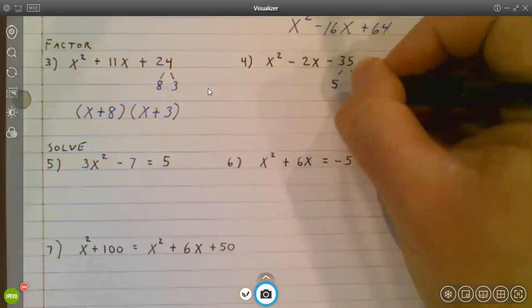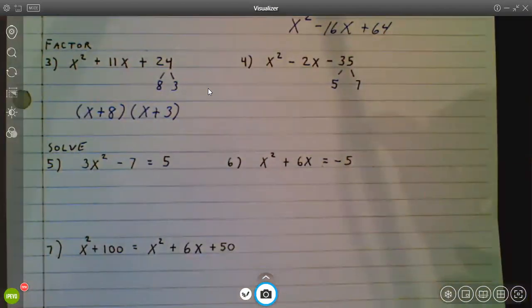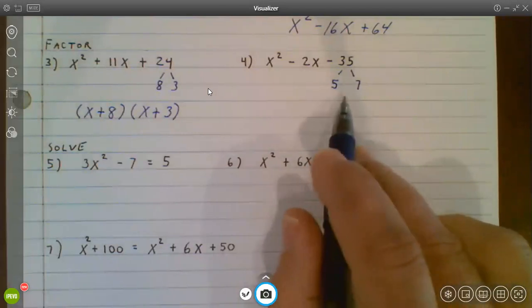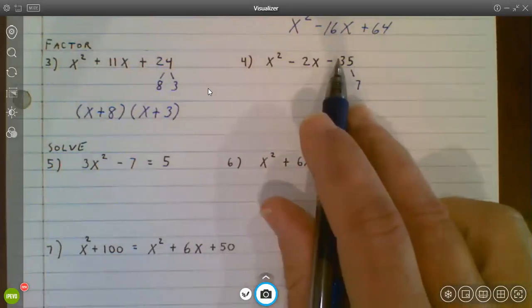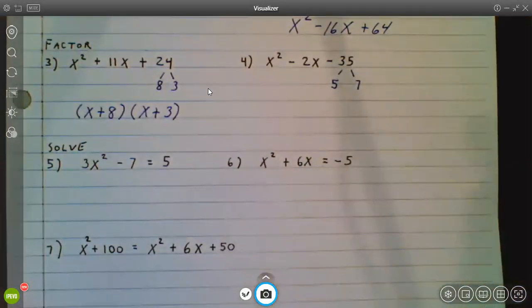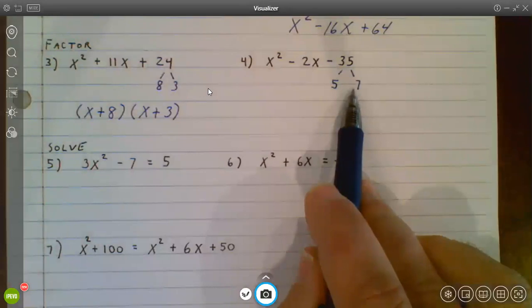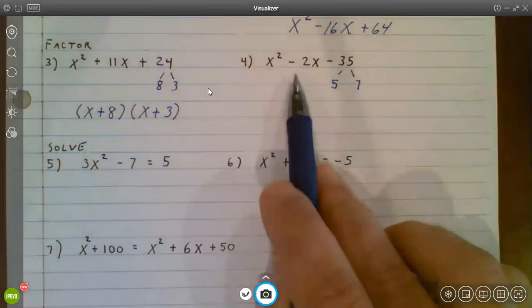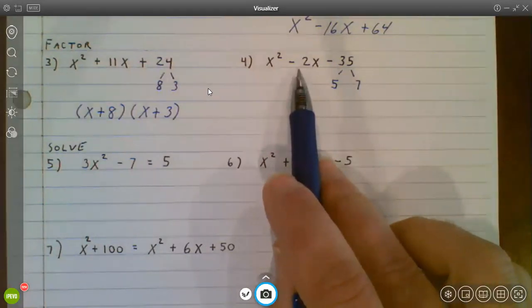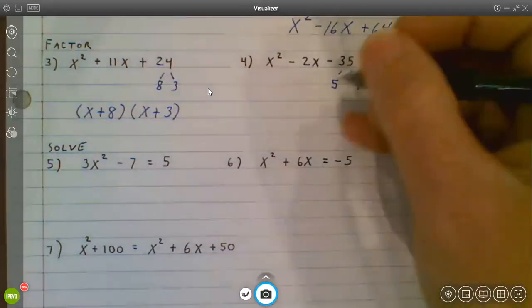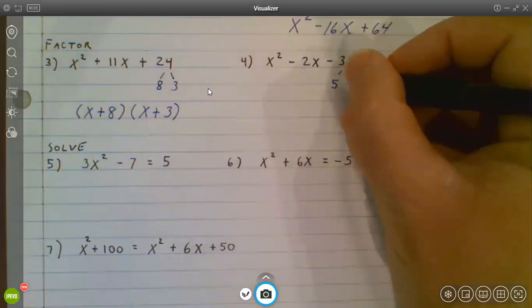Here's where you've got to be careful with your signs. One of them has to be negative because when I multiply them together, I get negative 35. So one has to be negative and one has to be positive. Now we have to decide which one gets the negative so that when I add them together, I get negative 2. So it's got to be this one.